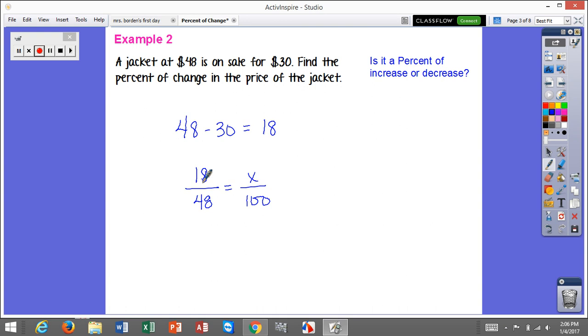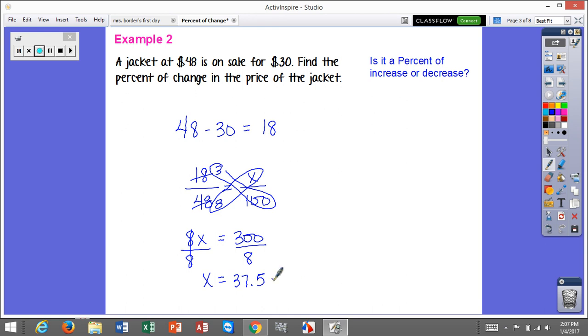We could simplify. We could realize that 6 will go into 18 3 times, and 6 will go into 48 8 times. So this reduces to 3/8. Then we can operate with it. So 8 times x is 8x, and 3 times 100 is 300. Divide by the coefficient of 8 to get x by itself. 8 goes into 300 37.5 times.